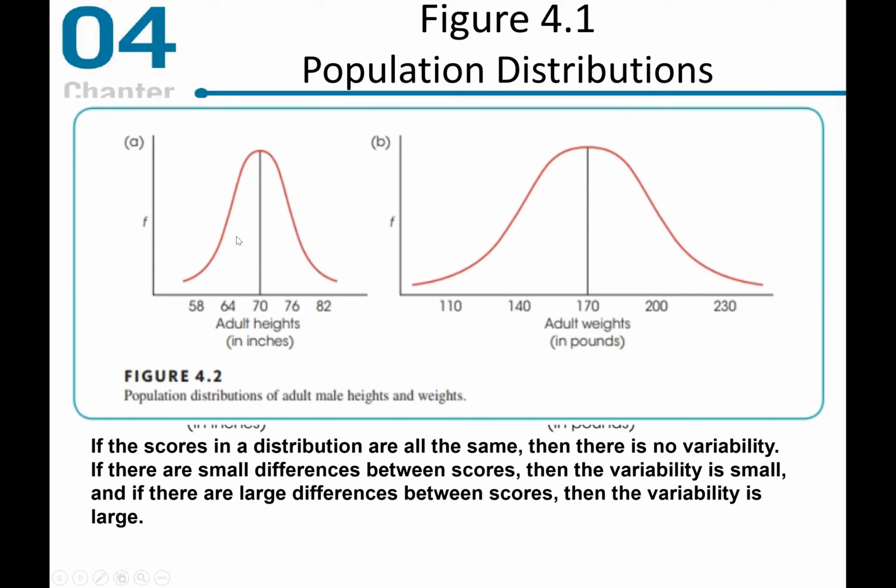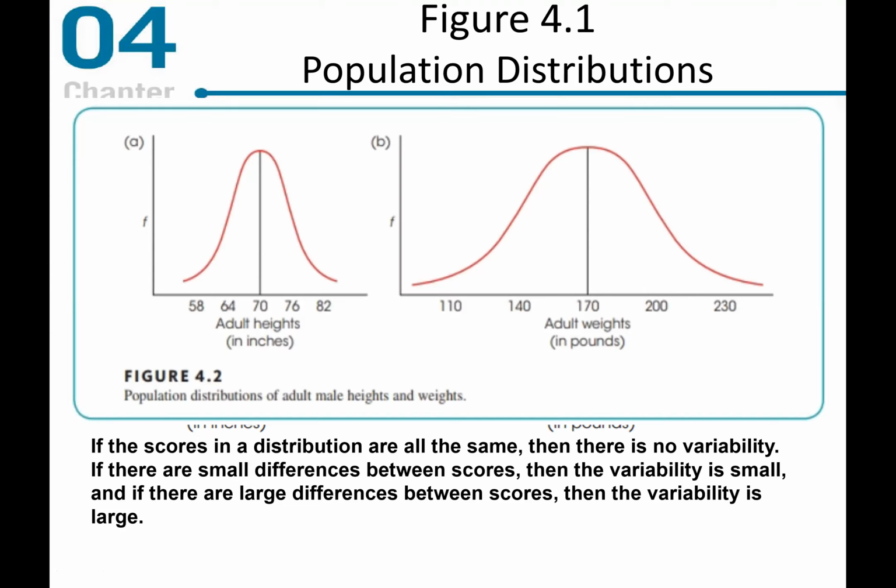And so we would say that in this distribution, the scores are clustered close to the mean. There's not a big variability in height. Obviously, there are extremes. Somebody like Shaq, who's 7 foot 1 or 2, is out there, but they don't represent a large quantity of the population.